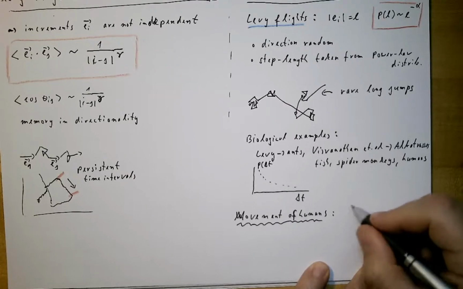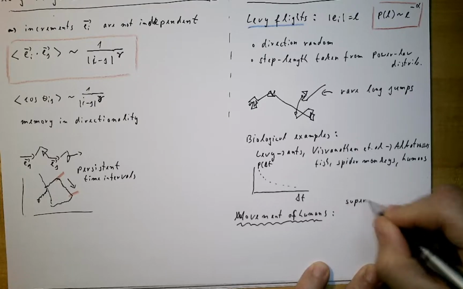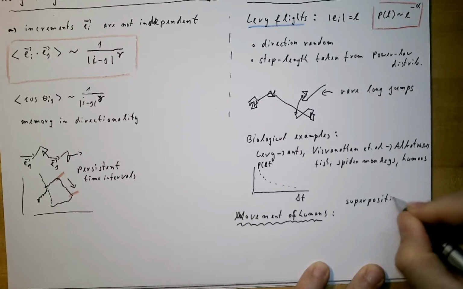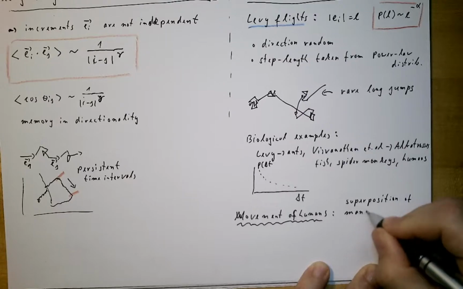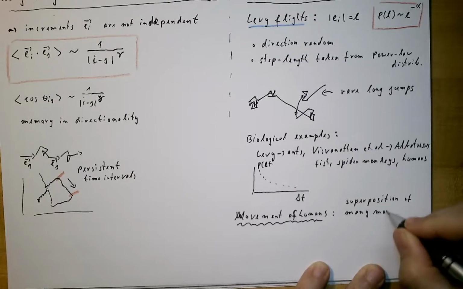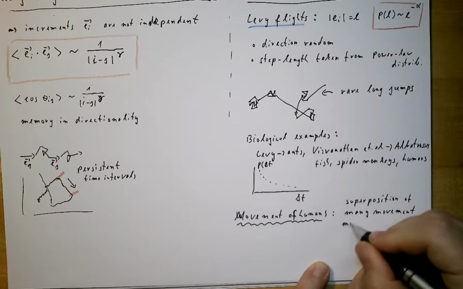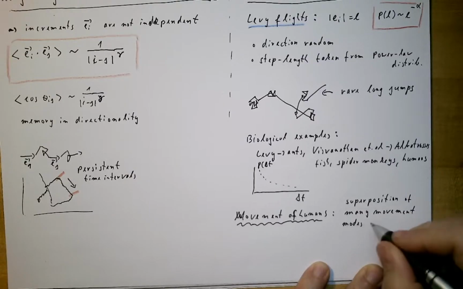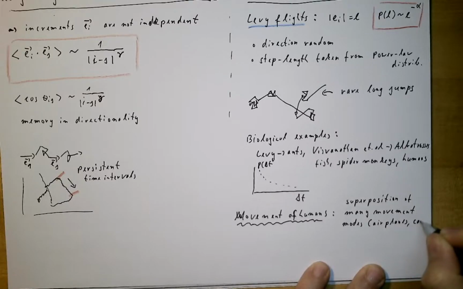So we have a superposition of very different movement modes. Superposition of many movement modes. Airplanes, cars, and so on and so forth.